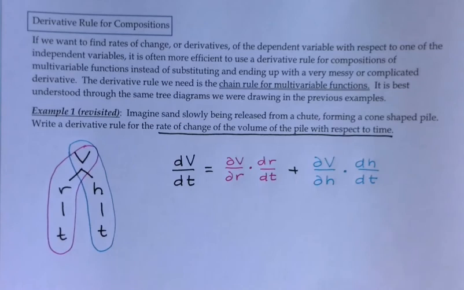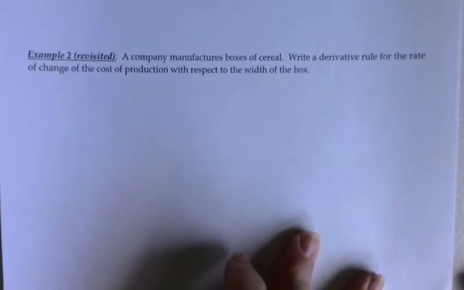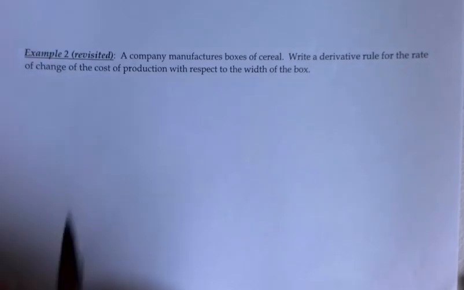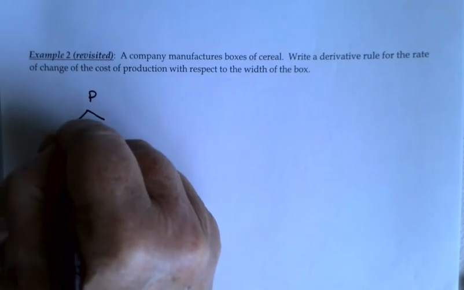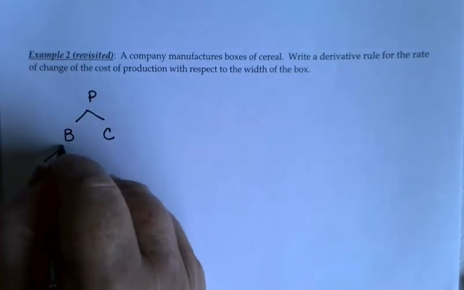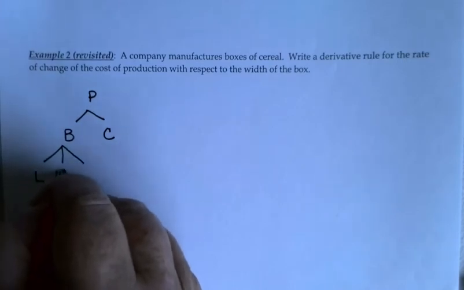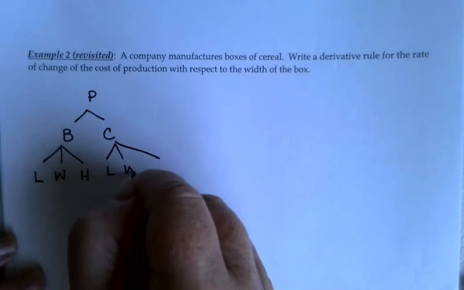Let's try the other one that we did, the one about the cereal. With the cereal, we had said that the cost of production depended on cost of the box and cost of the cereal. Cost of the box depended on length, width, and height, and cost of the cereal depended on length, width, and height.